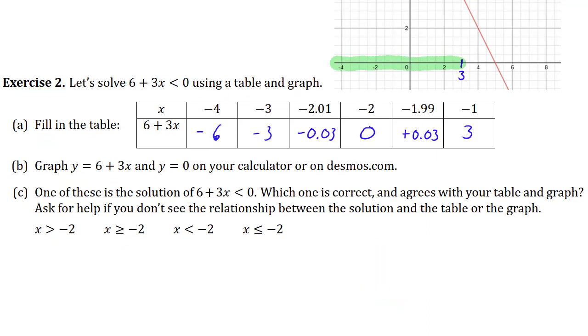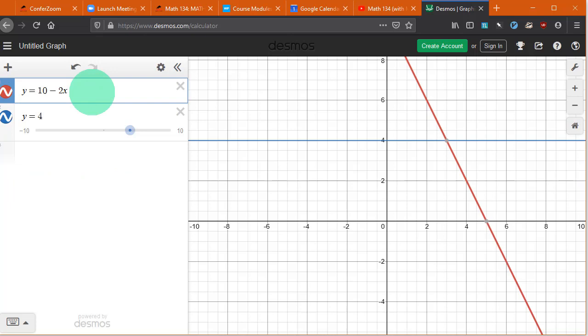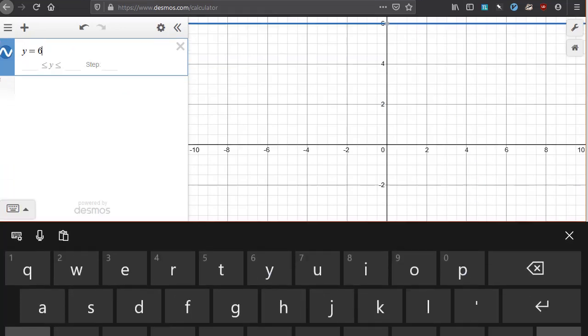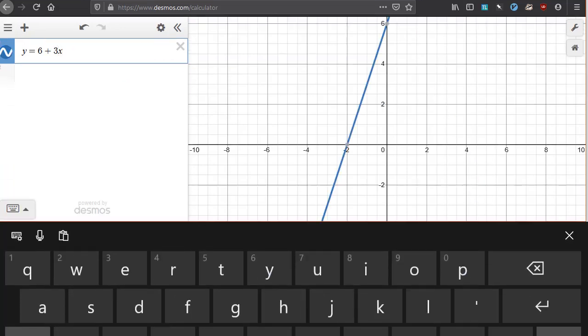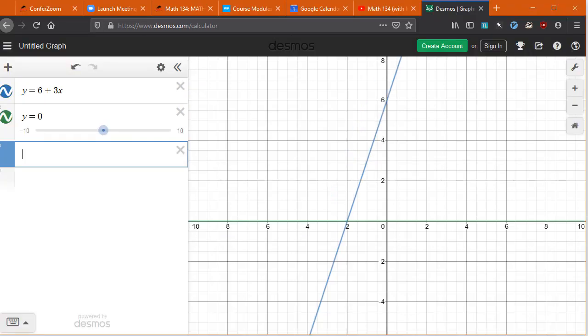Okay, so that's the table, and then let's make a graph of it. Go to desmos.com again, and we're going to have y equals 6 plus 3x. Looks like that. And then y equals 0. Well, y equals 0 is just the x-axis that you can see there.